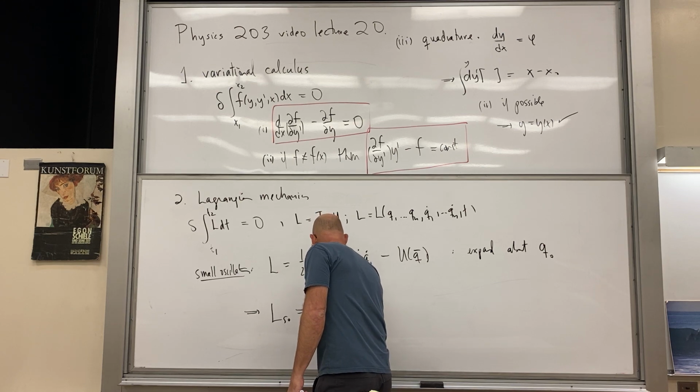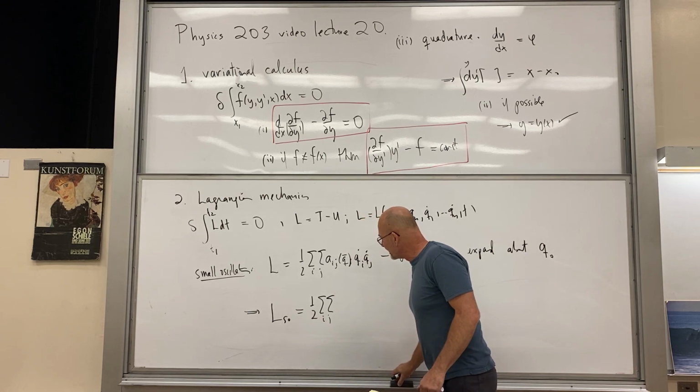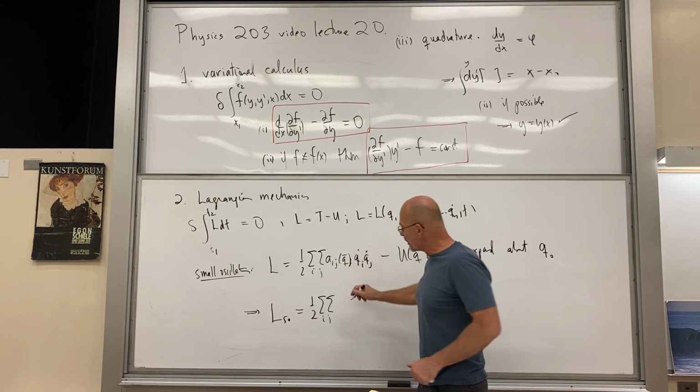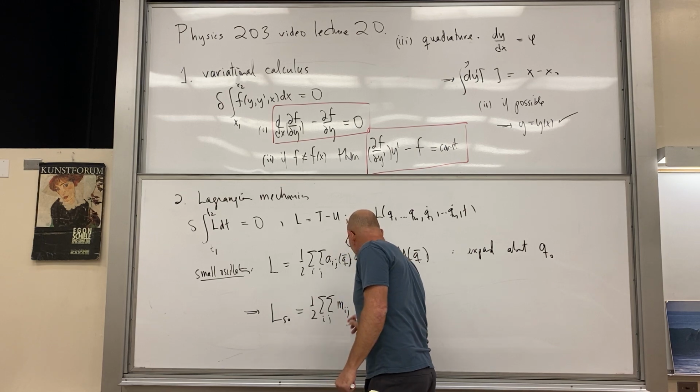So in the small oscillations Lagrangian, we have replaced the Aij of q0 by just a matrix Mij.